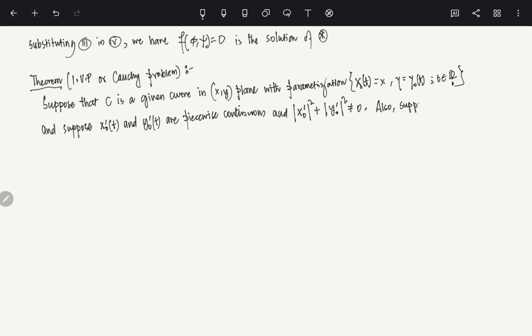Suppose I will explain to you what this theorem is. Let me write it down. Suppose that u, which is u naught of t, is a given function on the curve C. Okay, so this is the curve C. Then there exists a solution.